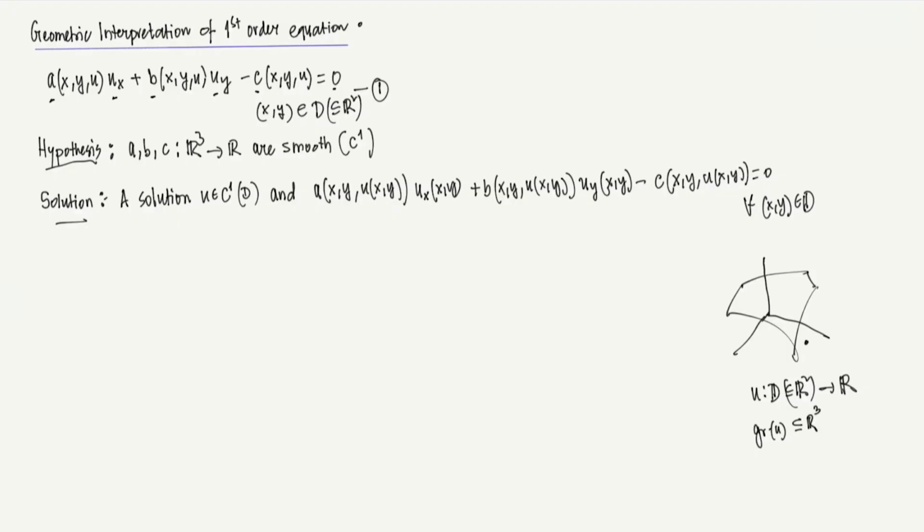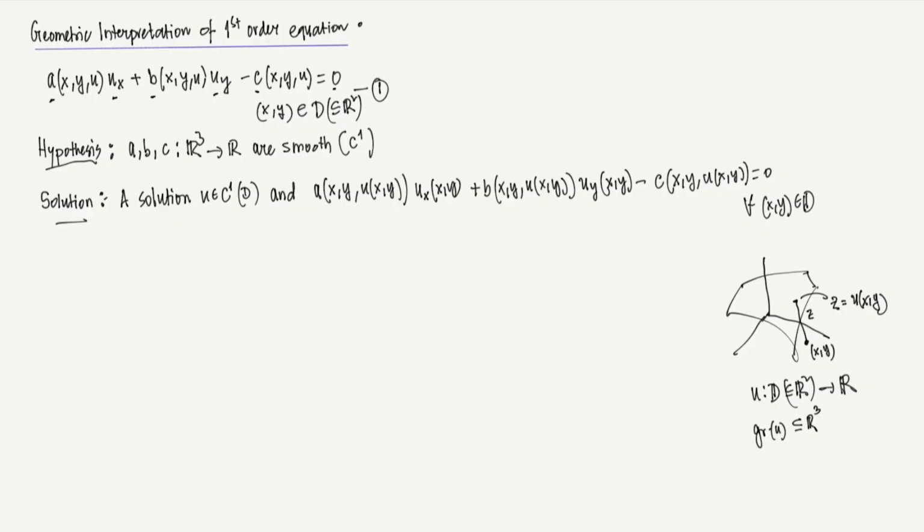Okay, graph of u. So you understand what's happening here. For every xy in this R2, so let's say x and y, there is a z, and this z is the height corresponding to the graph. So basically z will be equal to u of xy. Okay, so essentially what is happening is this: we are trying to find a solution u, and we are going to look at it in a geometric way. So corresponding to the solution, there is a graph of that function, right?